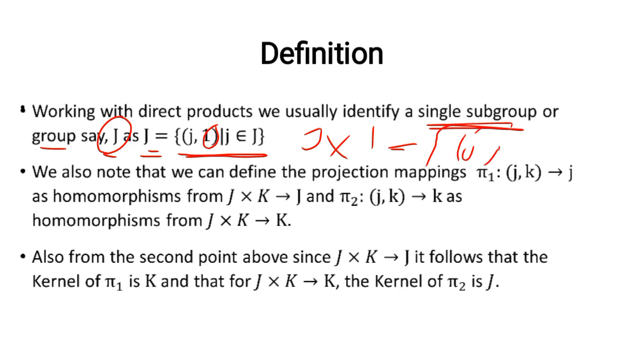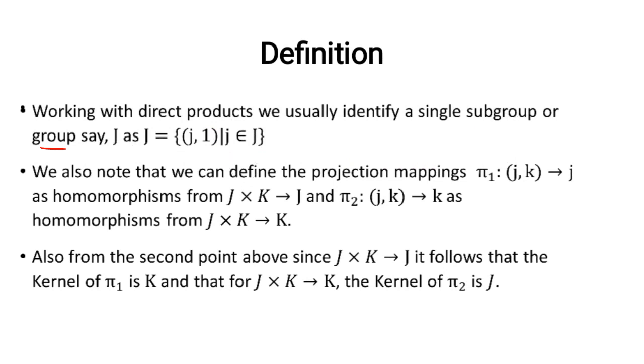So that's what we have here. So whenever you have a single group and want to represent it in a direct product form, if you had A, for instance, it will simply be equal to the set {(a, 1)}, okay, with a from the capital A. That's all, okay? So that's how we represent single subgroups in form of direct products, okay?